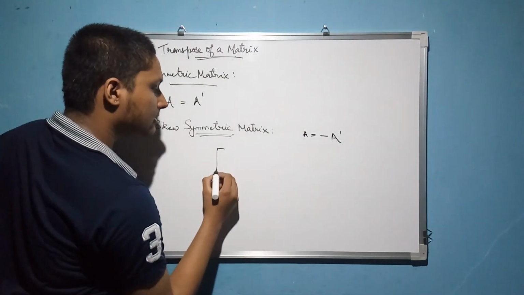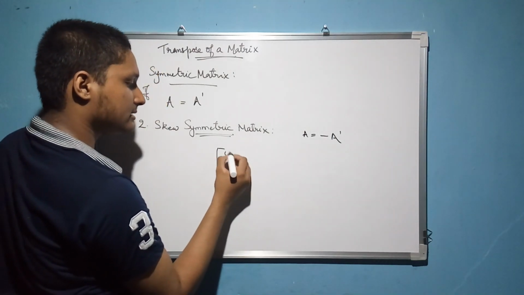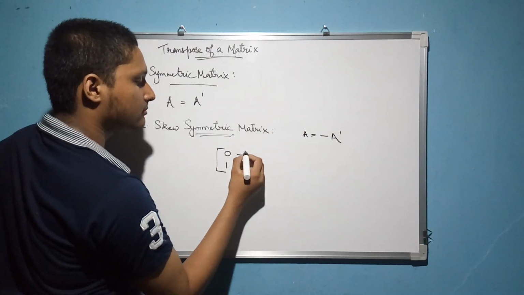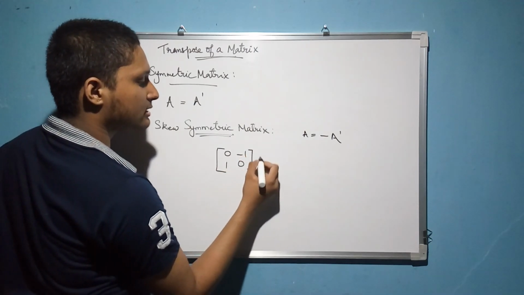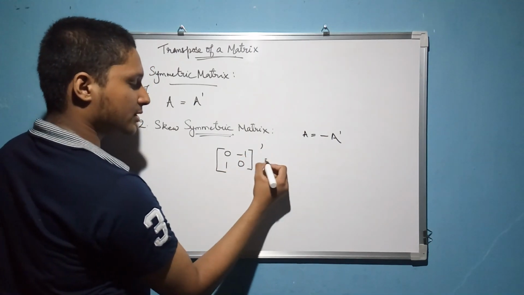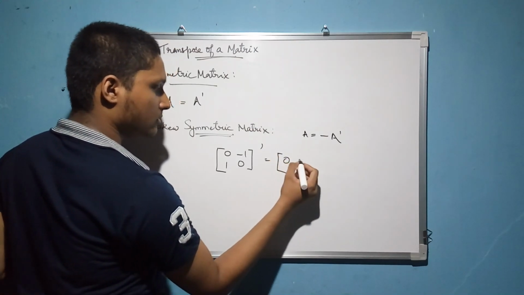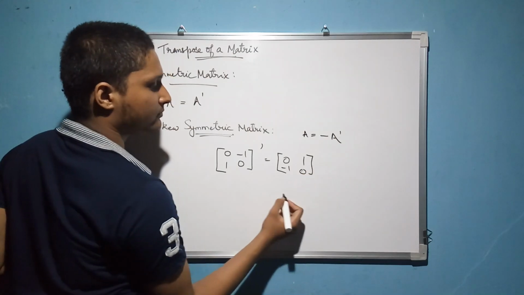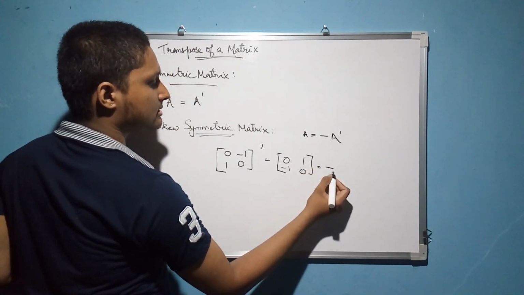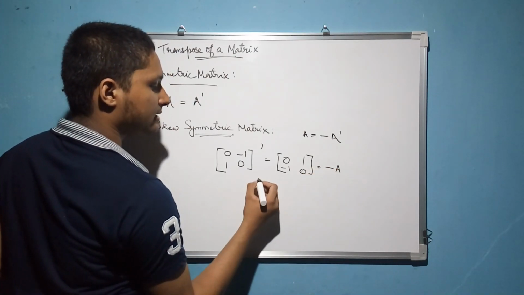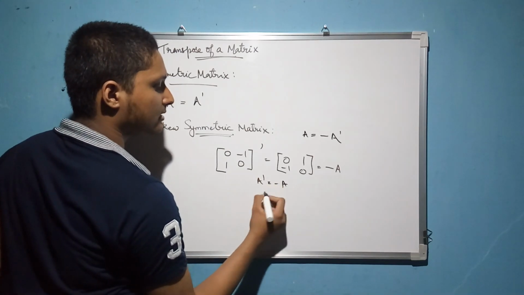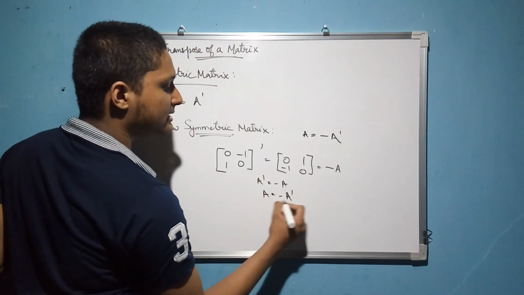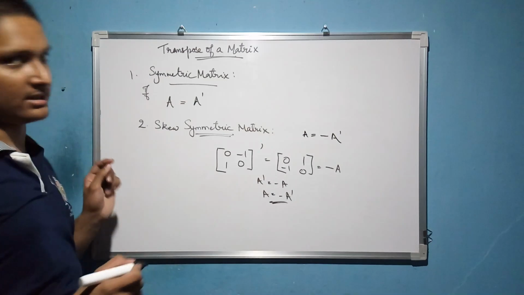So if you consider a matrix, say 0, 1, minus 1, 0, then its transpose is going to be 0, minus 1, 1, 0. That is minus times A. That is, A transpose is equal to minus A. Therefore A is equal to minus A transpose is what you infer from this.